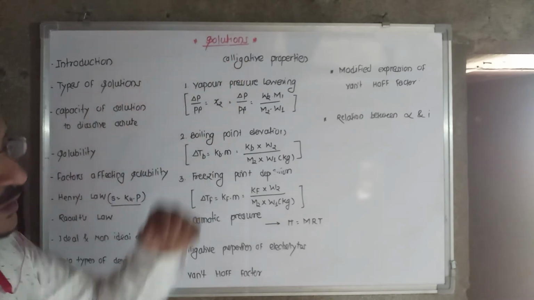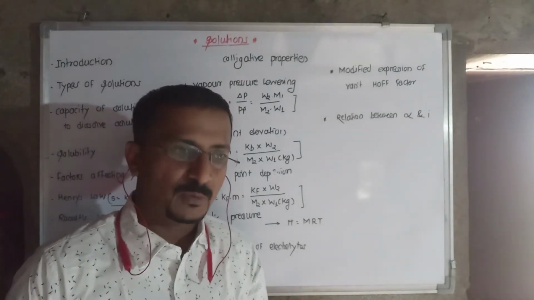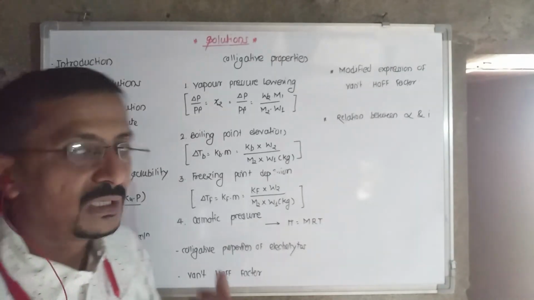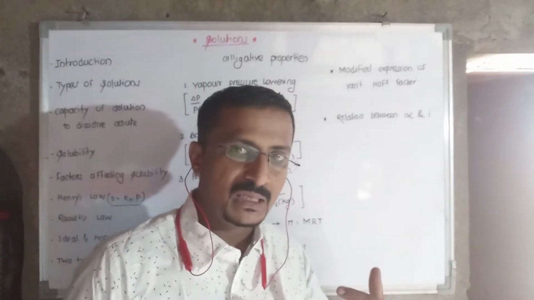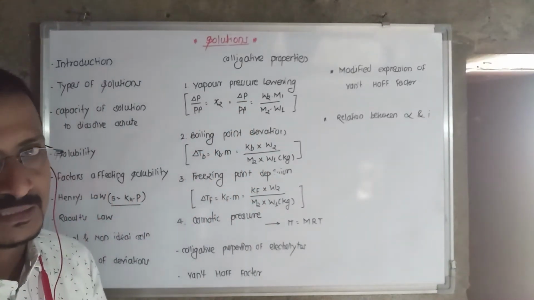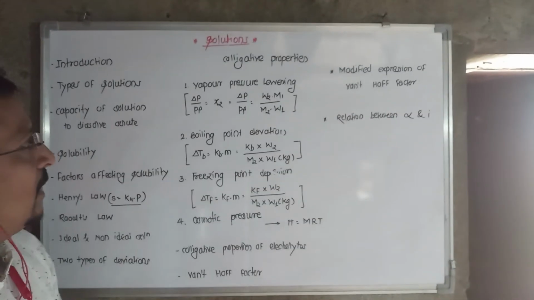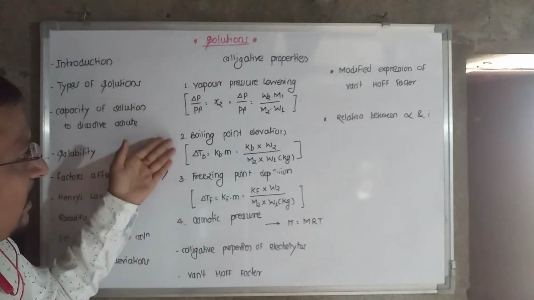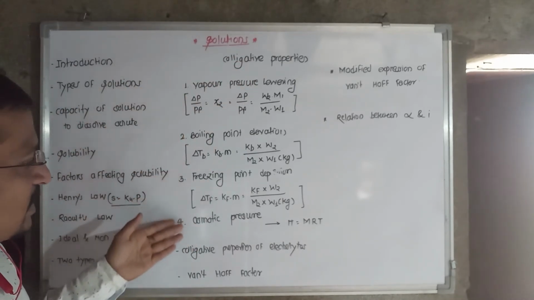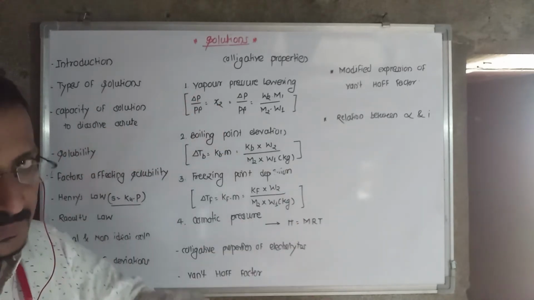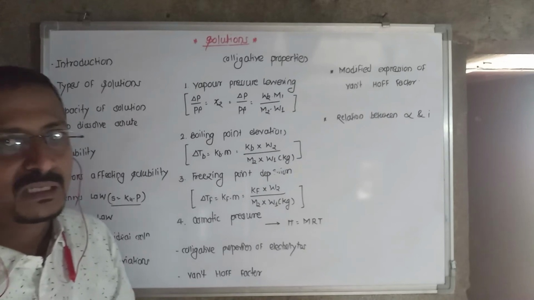Then we see the colligative properties. Colligative properties are those properties which depend only on the number of solute particles, not on their nature. Only the number of particles in the solution matters. Under colligative properties we studied 4 types: vapor pressure lowering, boiling point elevation, freezing point depression, and osmotic pressure, with derivations and graphical representations.